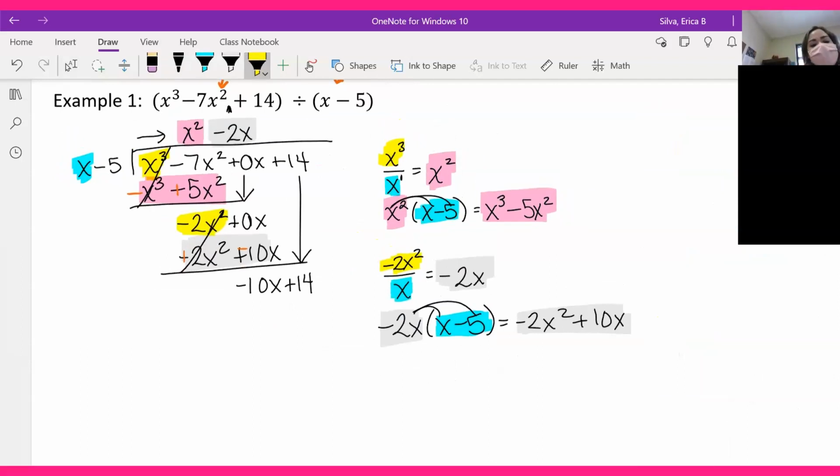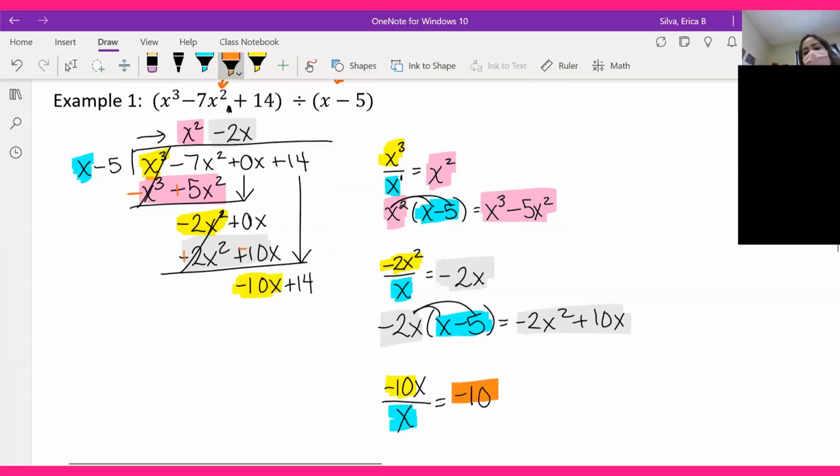Right, we look at the first term again, and we divide. Negative 10x divided by x. And our quotient is negative 10. So we grab that negative 10 and we place it here.